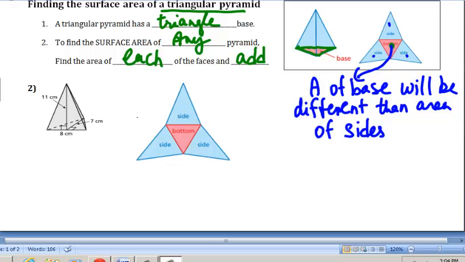So the area of this center is going to be different than those. So you can't say, oh, there are 4 triangles, let me just go ahead and multiply the answer that I get 4 times. It doesn't work that way, so be very careful there.